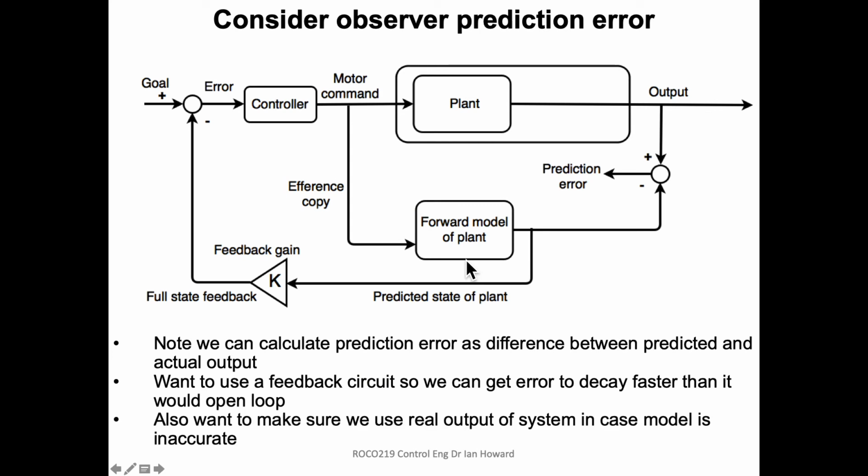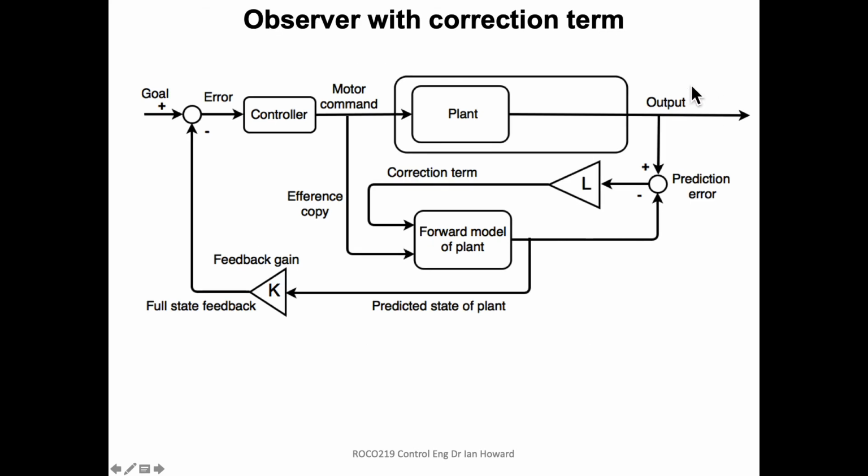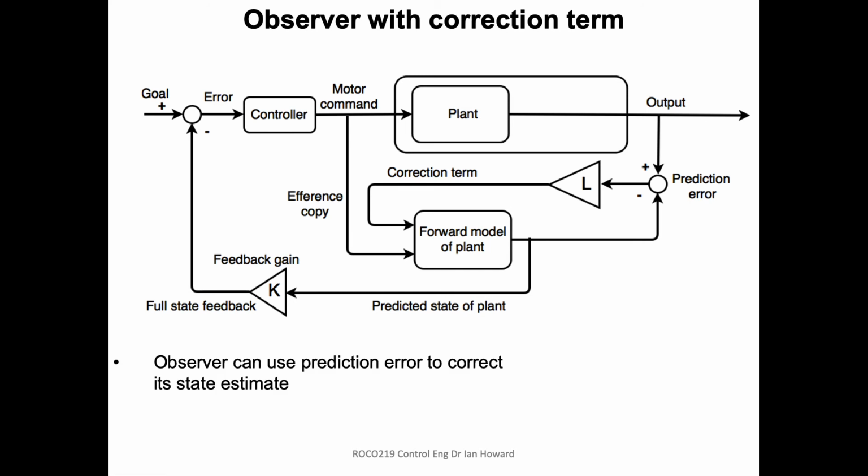And in a nutshell, what we need to do is use this prediction error in order to drive the prediction to be the same as the output of the actual plant. So that's exactly what we do. Effectively, we build a little tiny output feedback controller into the system. We're saying we want the output of the forward model to be the same as the output that we're actually getting.